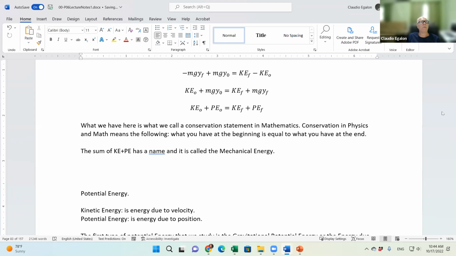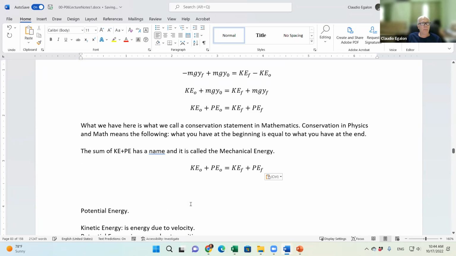But let's continue here. We haven't finished solving the problem yet, right? So going back here, initial kinetic energy plus initial potential energy is equal to final kinetic energy plus final potential energy, right? You already know that the final kinetic energy is going to be 0 because the guy is at the top, momentarily at rest. You also know that the final potential energy is going to be mgyf, right?